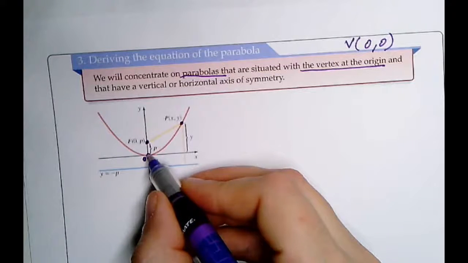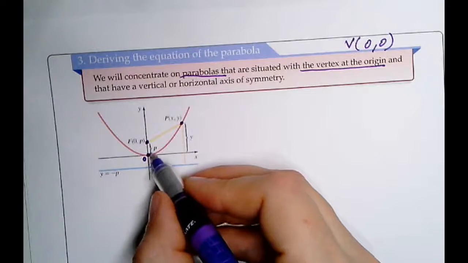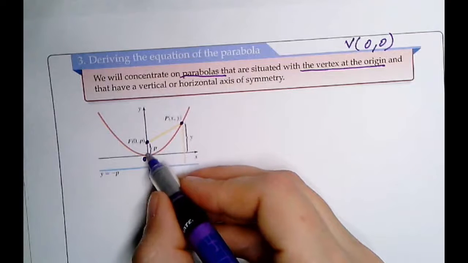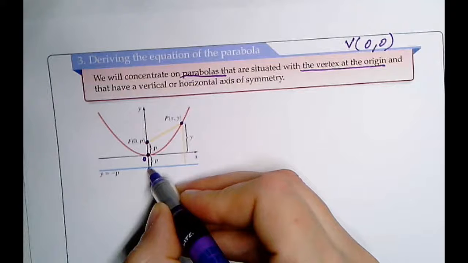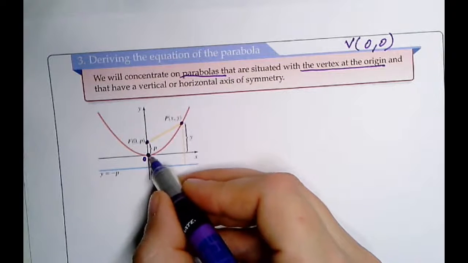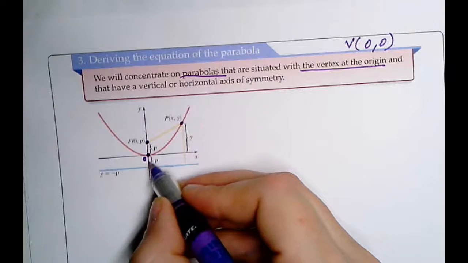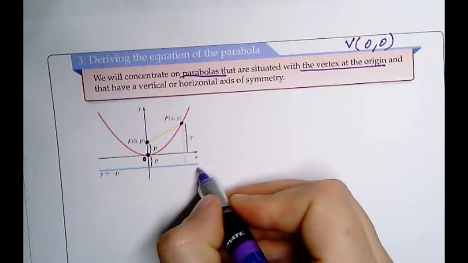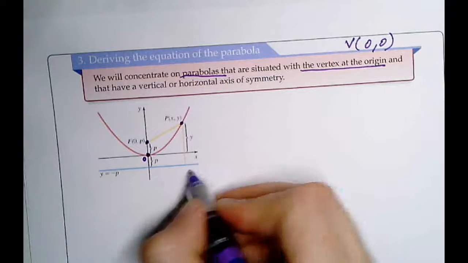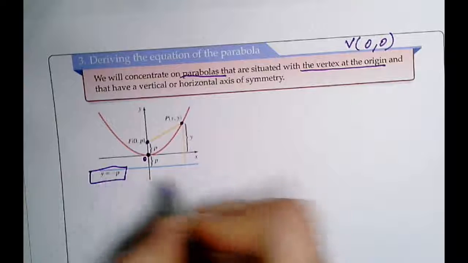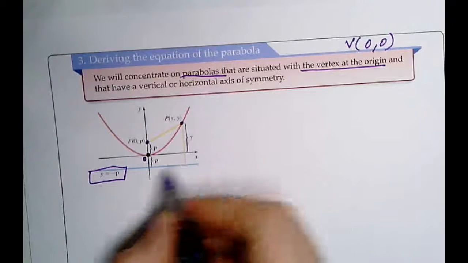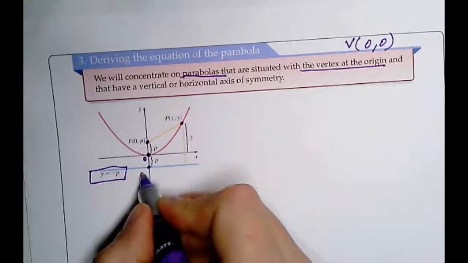The vertex is a point on the parabola, so the distance from the vertex to the focus has to be the same as the distance from the vertex to the line. That makes the distance from the vertex to the directrix also p. So the equation of the directrix is y equals negative p, because this is the equation of a horizontal line going through negative p.